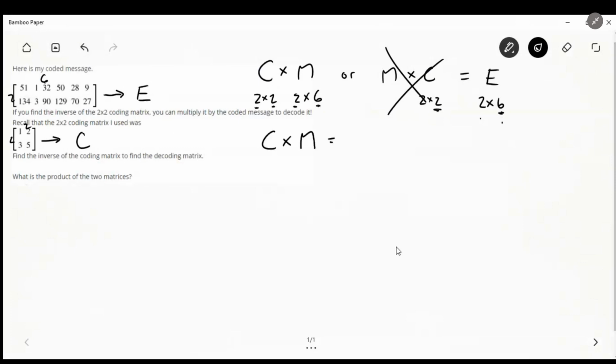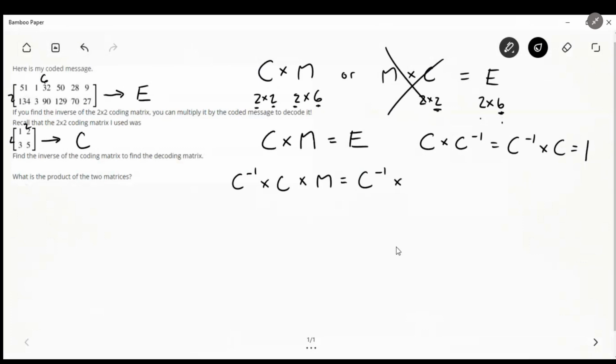At some point, we multiplied C by our message, and we got this encrypted matrix E. And there's a property of inverses of matrices that says that C times its inverse is the same as its inverse times C, which equals 1. And we can use that fact to say that the inverse of C times M, and since we multiplied this all the way on the left, we have to do the same over here, equals the inverse of C times E. And as we said, this is just 1.